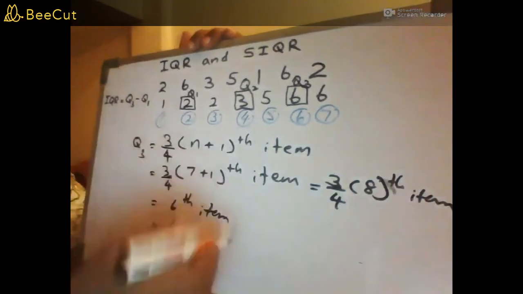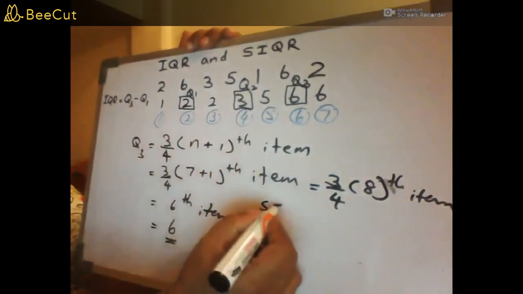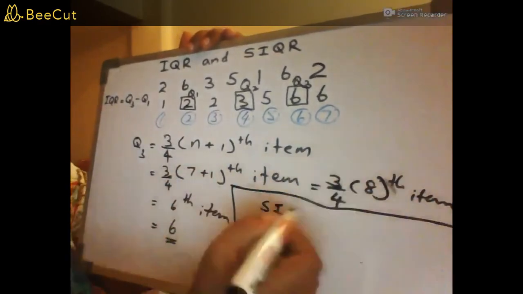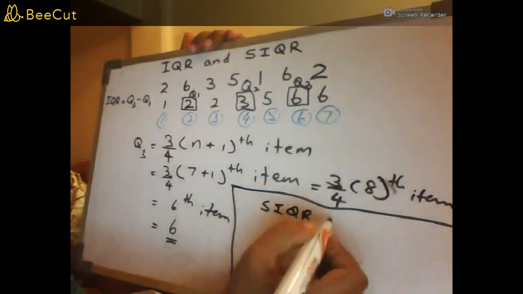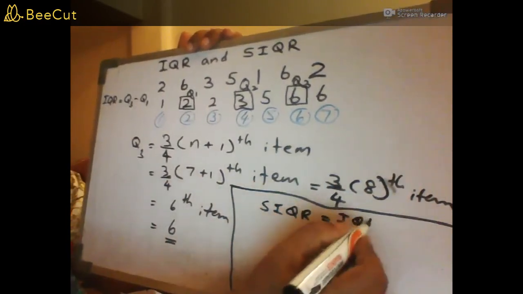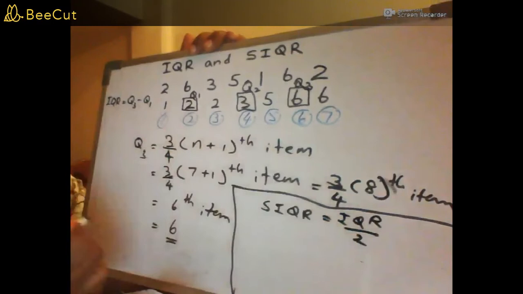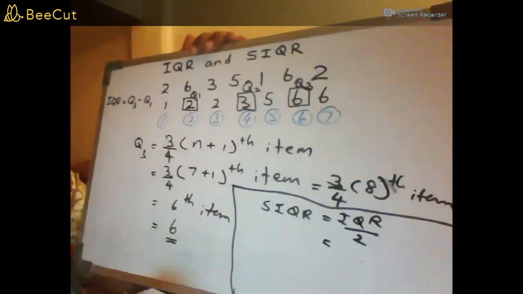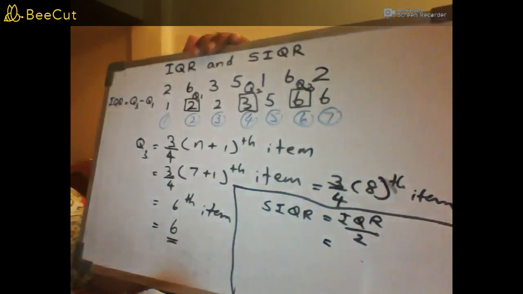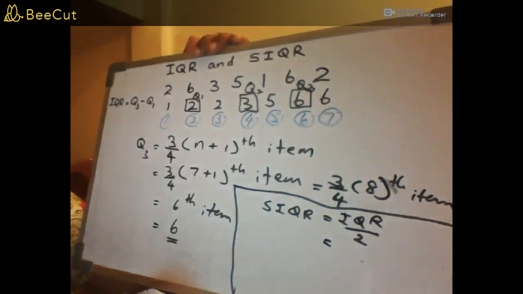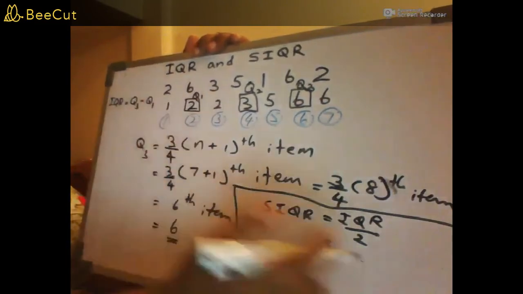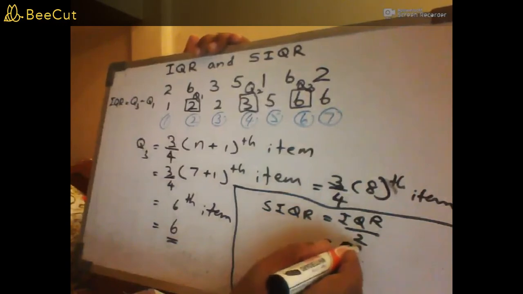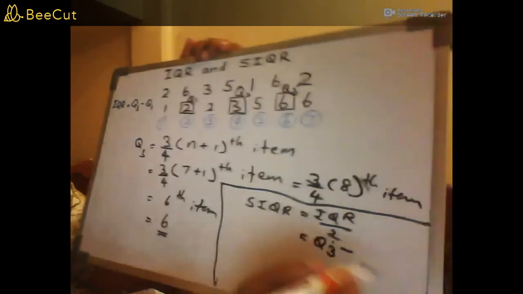And semi-interquartile range, we'll finish that one also. Semi-interquartile range, I write here: SIQR equals IQR divided by 2. What is the IQR? We didn't calculate the IQR, no? IQR means Q3 minus Q1.